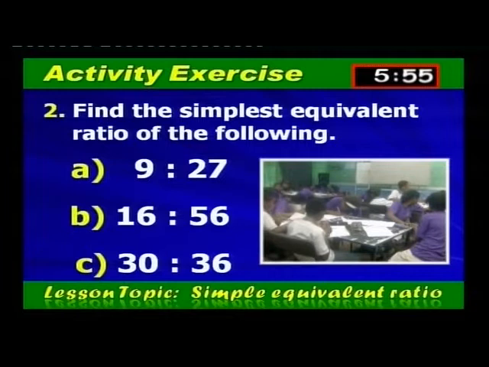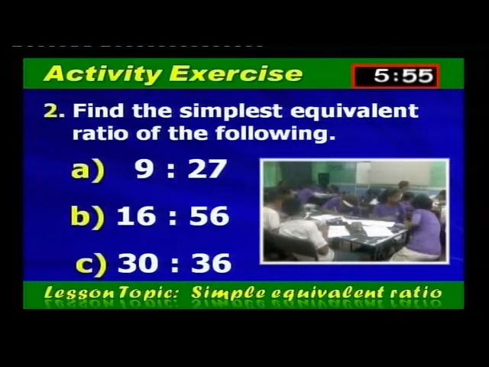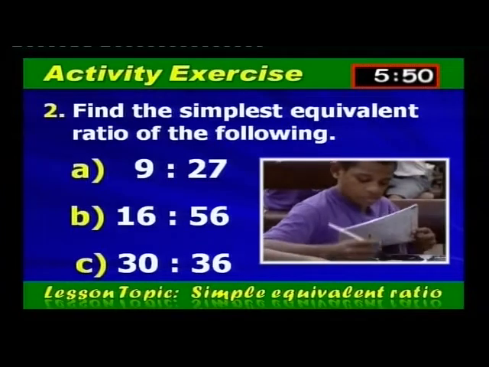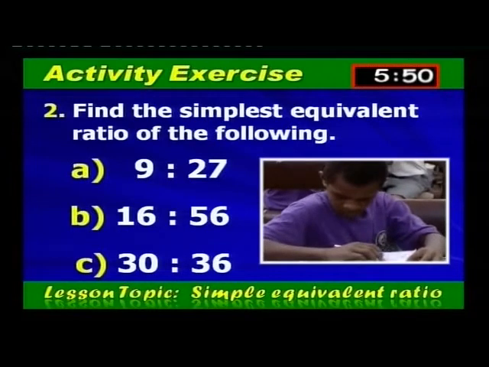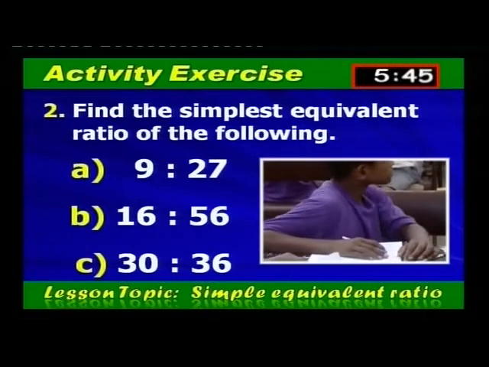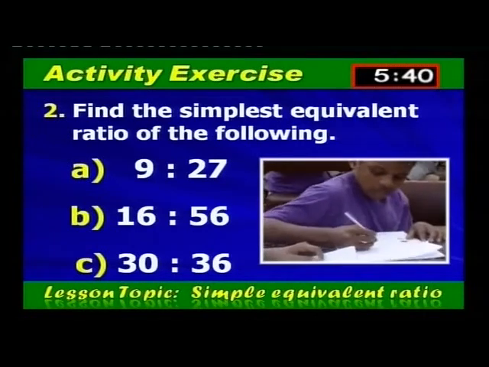If you multiply by 1, you still get the same. But you don't want to get the same one. You must get another that is equal to 1 is to 3. So here you're not going to divide, you're going to times.